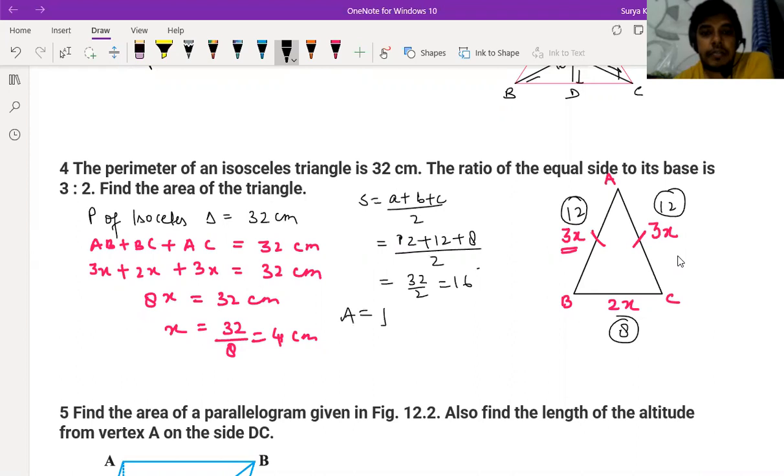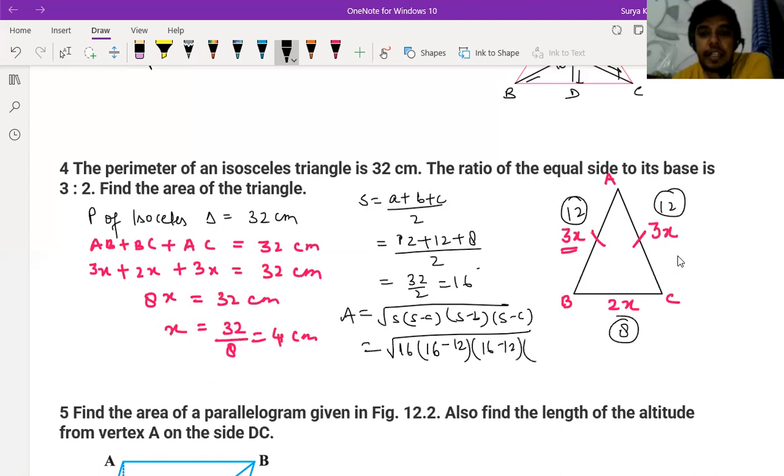Area is equal to root over S(S minus a)(S minus b)(S minus c). So S is 16, 16 minus 12, again 16 minus 12, and 16 minus 8.